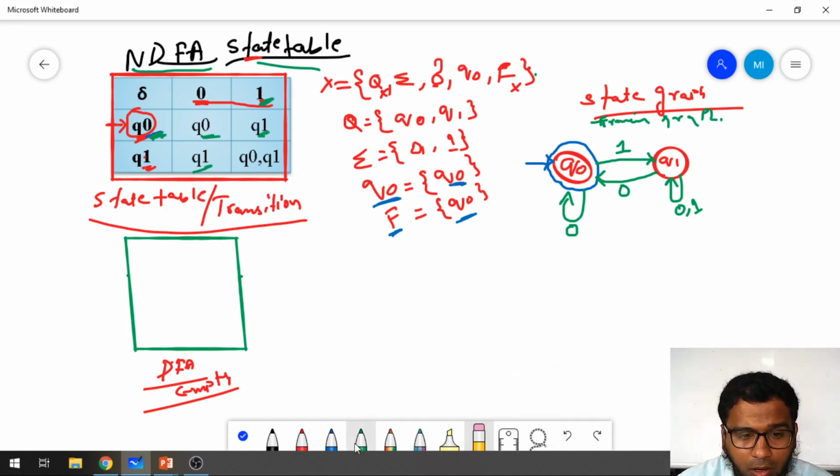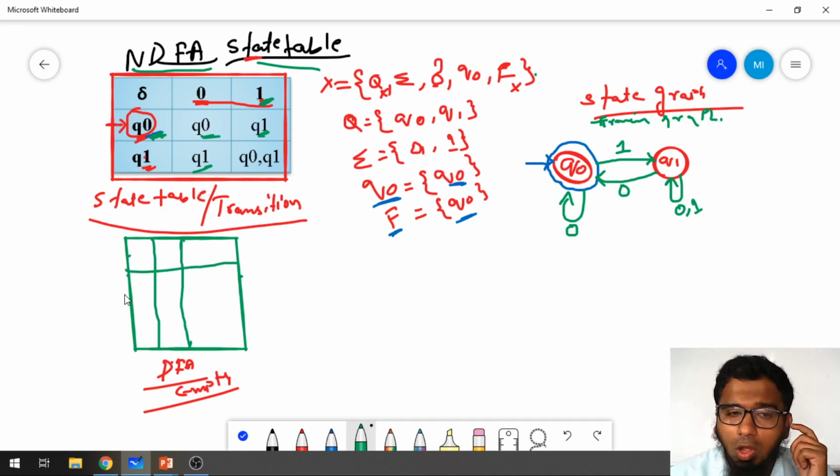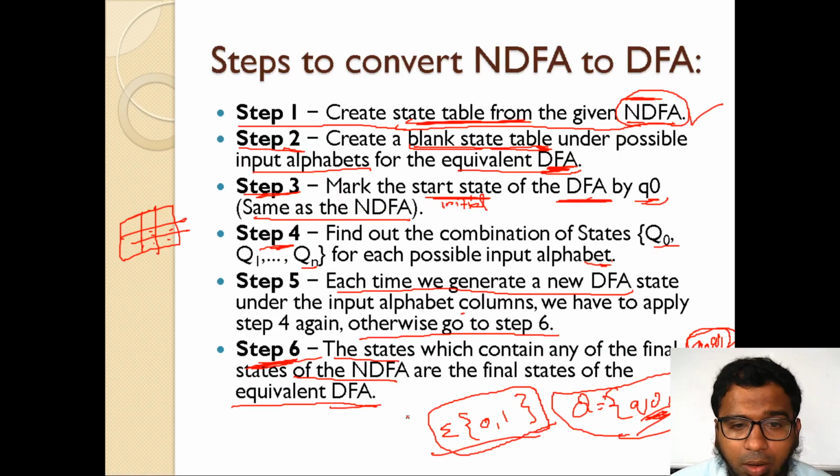I will draw it correctly. This and this, this. I drew the empty table. So, create a blank state table under possible input alphabet for the equivalent DFA.